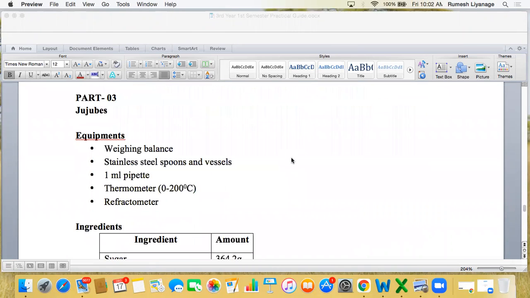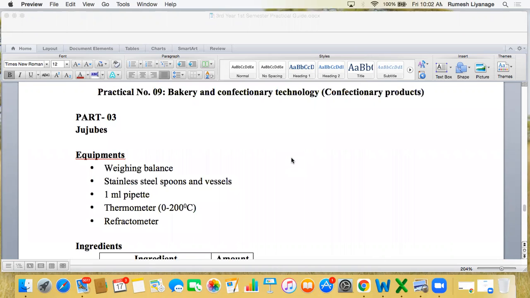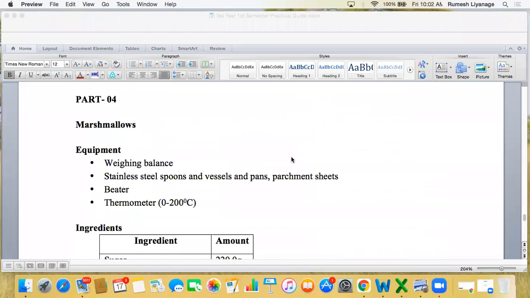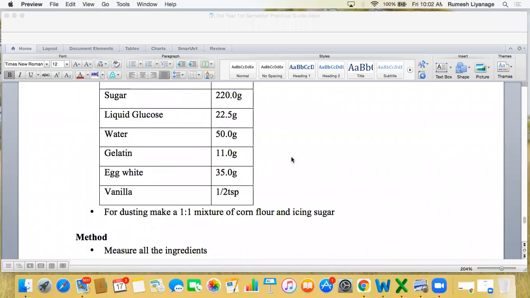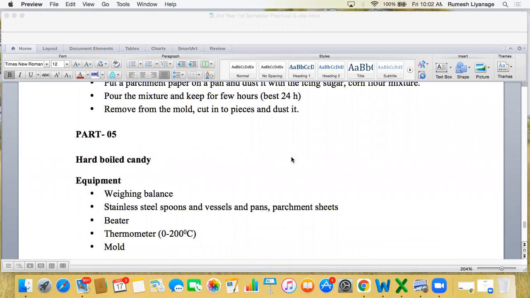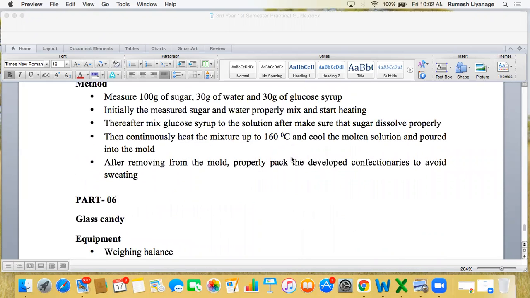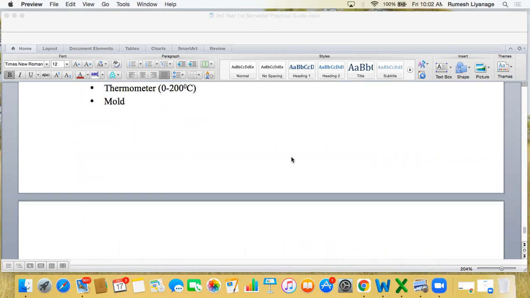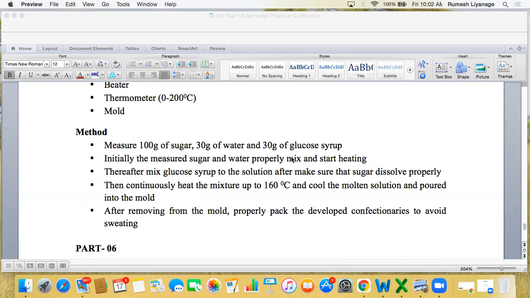And also we are going to develop some popular food products such as jujubes and marshmallows, and hard-boiled candies and glass candies. We are going to develop these types of food products in this practical also.